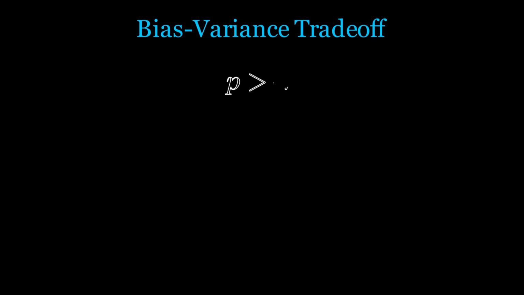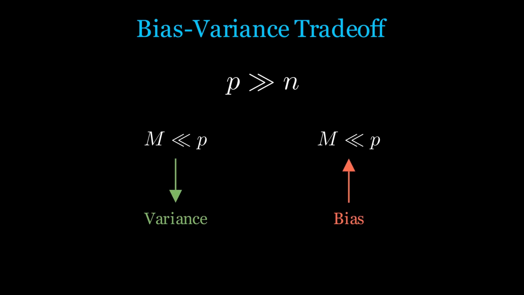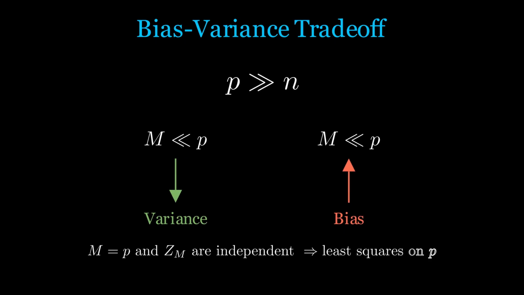Dimension reduction is particularly useful when the number of predictors p is large relative to the number of observations n. Selecting an m significantly smaller than p can reduce variance, though it may introduce some bias. If m equals p and the predictors are linearly independent, there is no constraint. Fitting the model becomes equivalent to performing standard least squares.